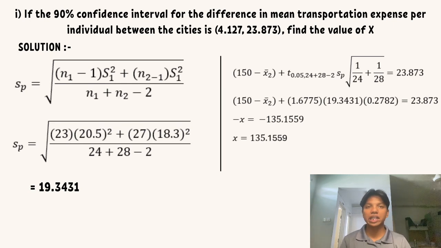We are given a 90% confidence interval for the difference in means of 0.127 and 23.873. Using the confidence interval formula and solving backward, we find the mean of City B to be approximately 135 ringgit and 60 cents.